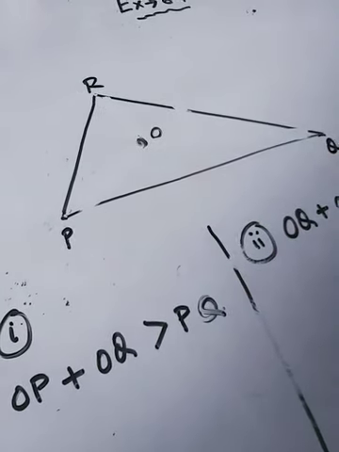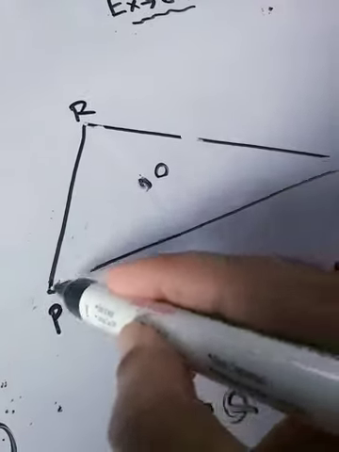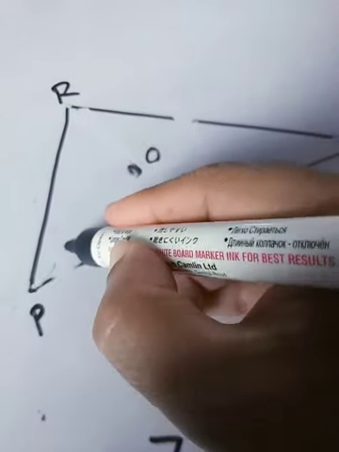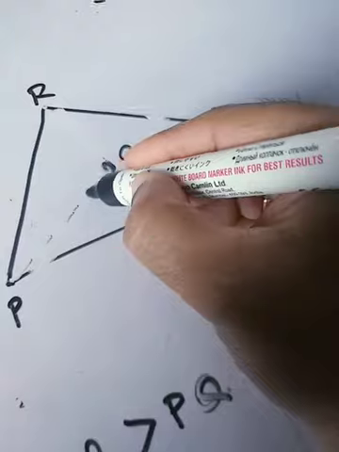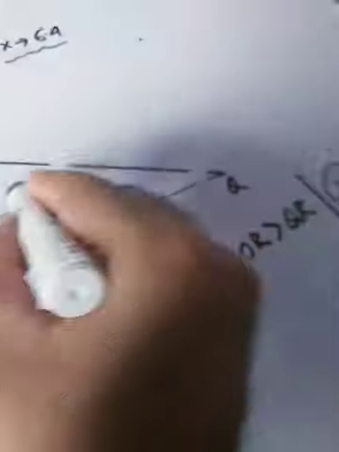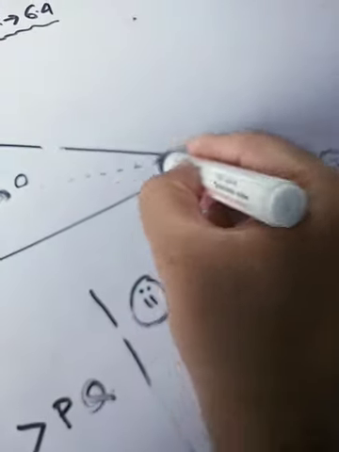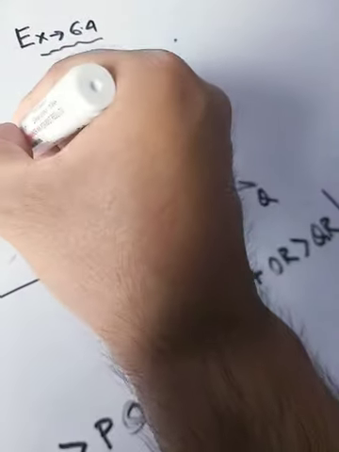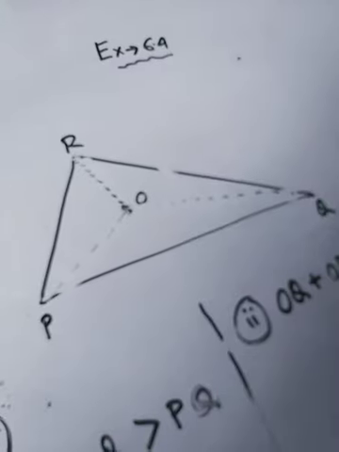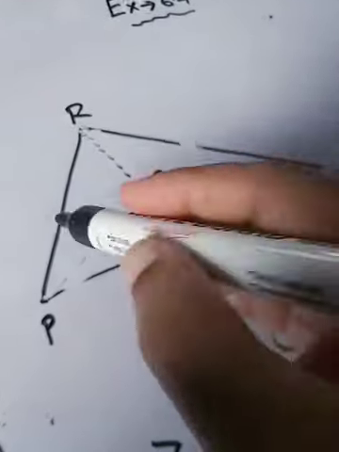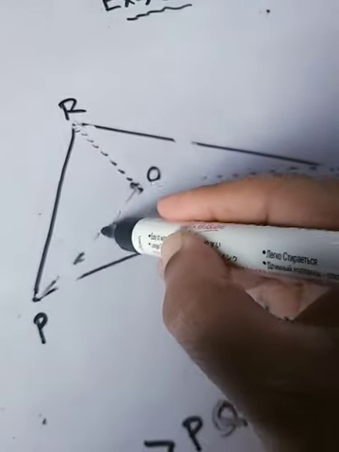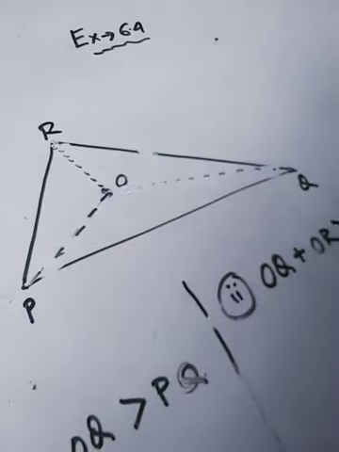So the first thing that we will do is make the connection between O and P, like this. Just make a dotted line. Now we have a connection OP. Now OQ, just make a connection for this also. But when we are doing this, you see some interesting facts happening.